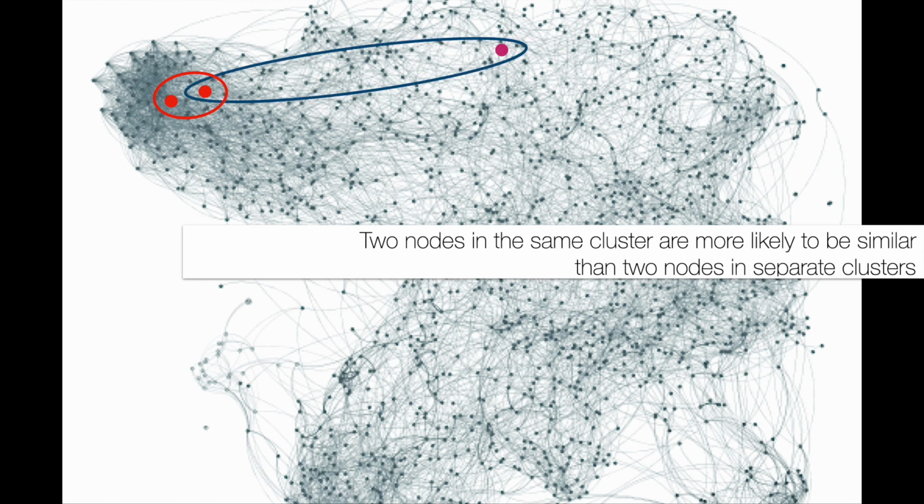Whereas if you have the second cluster with one node very far away from the second node, the SimRank vectors for these two nodes are likely to be different, because if you start on either of these two nodes, you're likely to end up in very different places. So we had this intuition that two nodes that are close together, two nodes in the same cluster, should be similar in some kind of way.